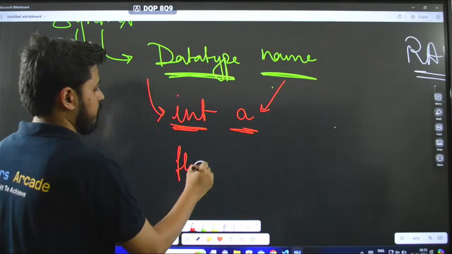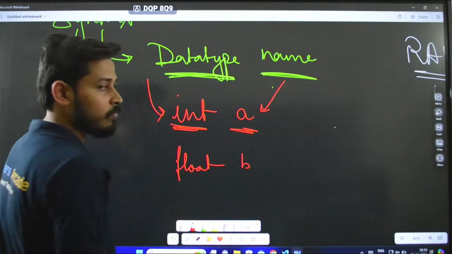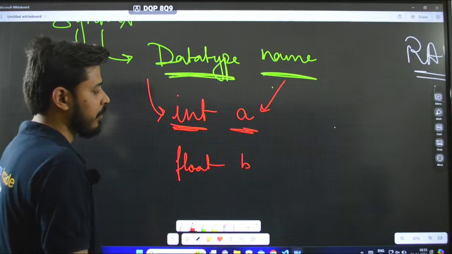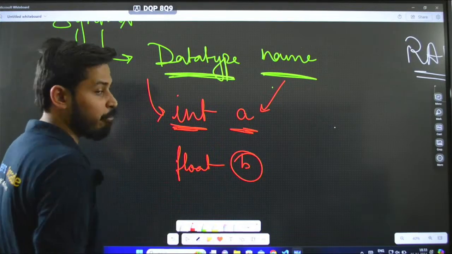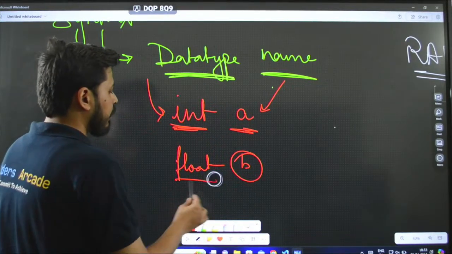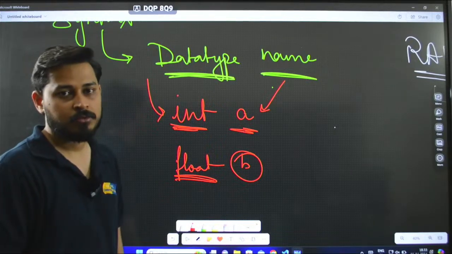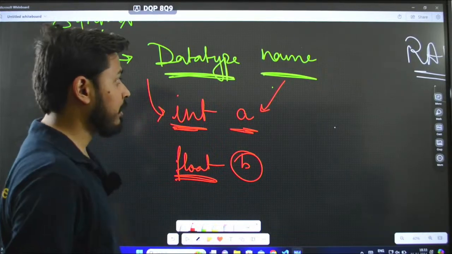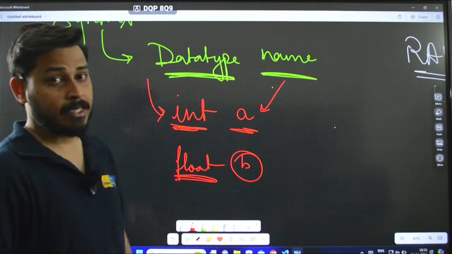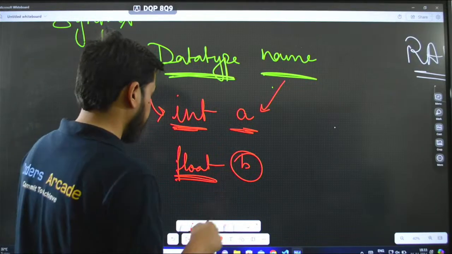float b. Okay, float b, and now we have created another variable b which can only hold a decimal type of value. Now, by the way, I am explaining the variable and data type concepts together.